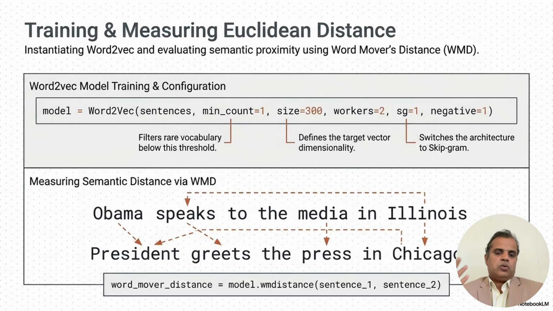Unlike simple cosine similarity, this technique calculates the minimum travel distance for the words of one document to reach the words of another in semantic space. For example, even if Obama speaks to the media and President greets the press share no identical words, by using this technique, it recognizes their semantic proximity and assigns them a small distance.